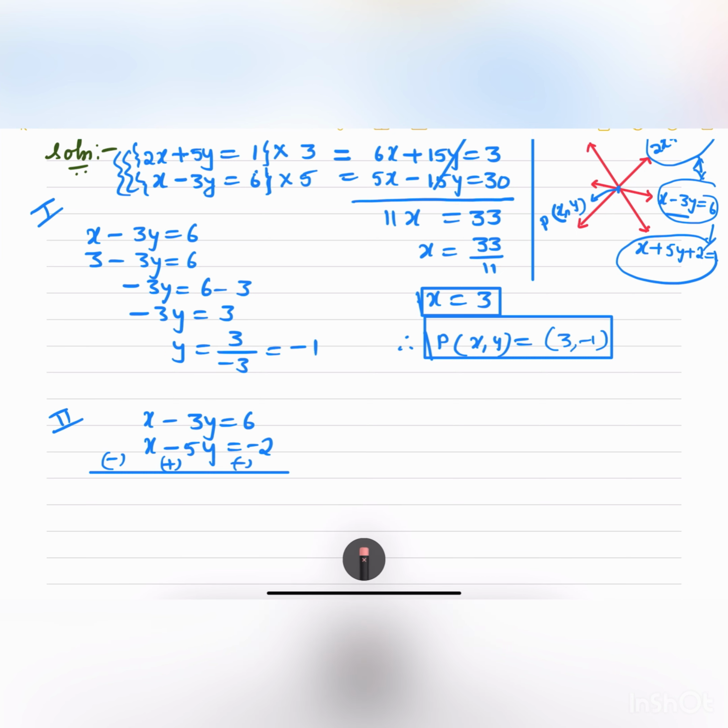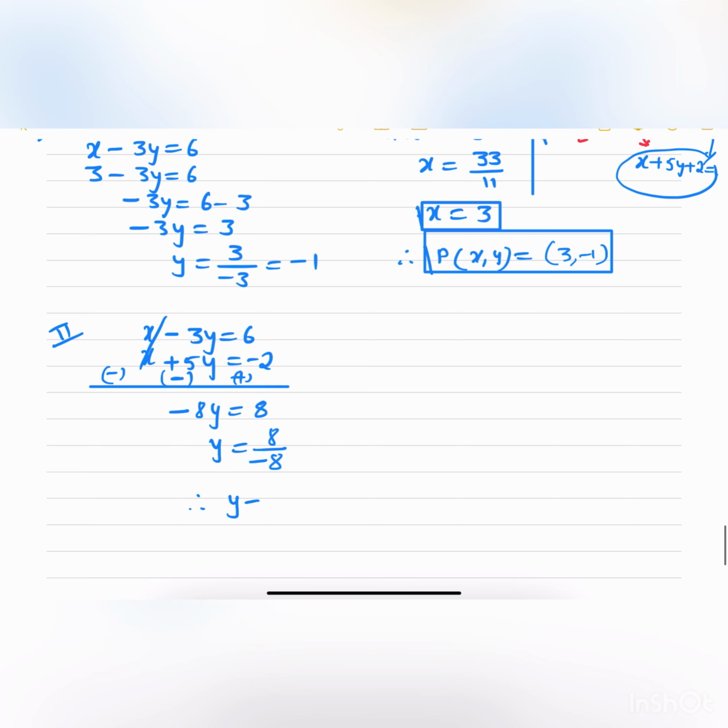So it is x minus x, minus 3y minus 5y. So plus x and minus x will be cancelled, and we are left with minus 8y is equal to 8. y is equal to 8 by minus 8. Therefore, y is equal to minus 1.